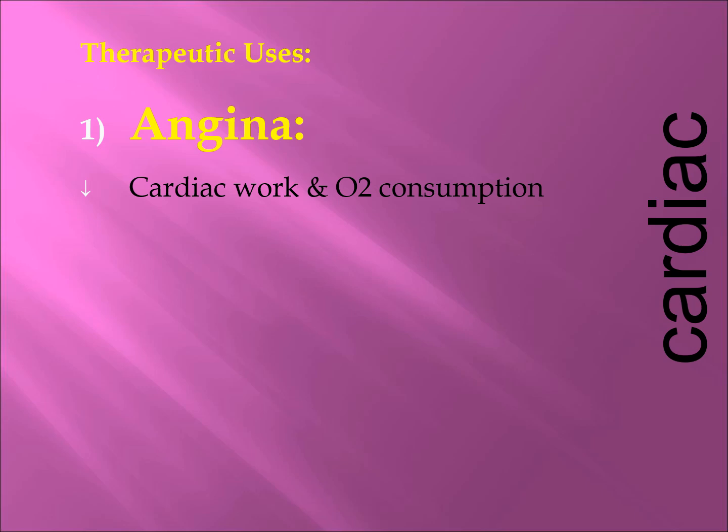Therapeutic uses. In angina pectoris, beta blockers are used for prophylaxis of stable or effort angina by decreasing myocardial work and decreasing oxygen consumption. But they should never be used in variant or rest angina, which are due to coronary spasm.